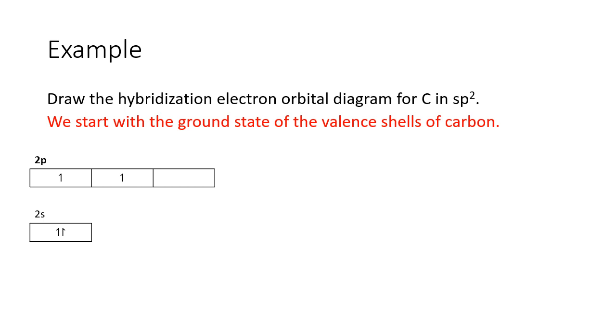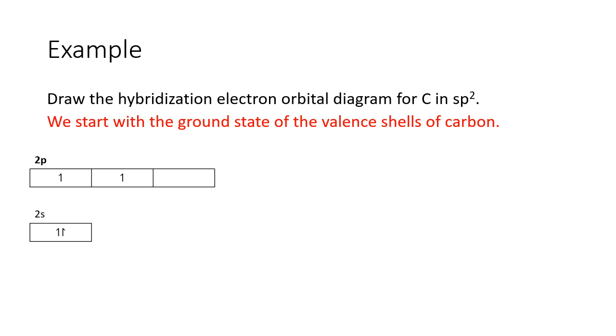Let's try hybridizing something. Draw the hybridization electron orbital diagram for carbon in sp2 configuration. So in this case, we start with the valence shells of carbon in the ground state. There are 2 electrons in the 2s and 2 in the 2p. 2 scenarios are possible.